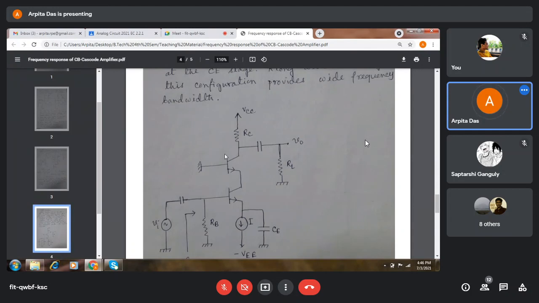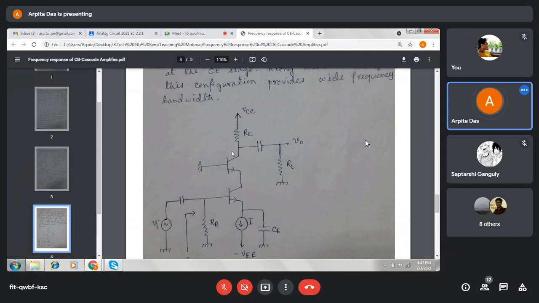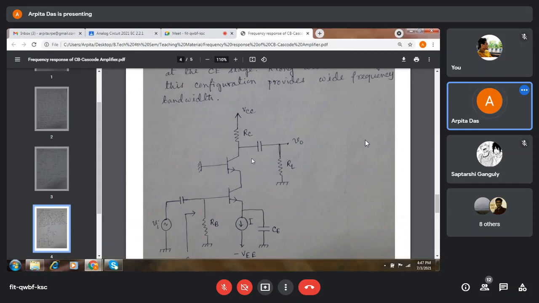Now here there are two BJTs, two amplifiers, the lower one and the upper one. Just by visualizing this composite structure, we find the upper one is in CB configuration and the lower one is in CE configuration.